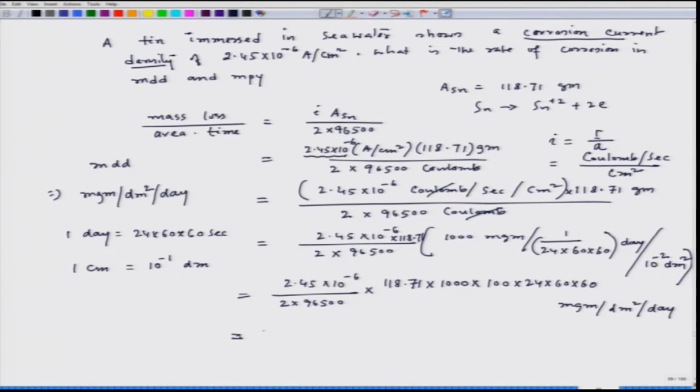So, finally, this value would be 13.01 MDD. So, this is the corrosion rate.